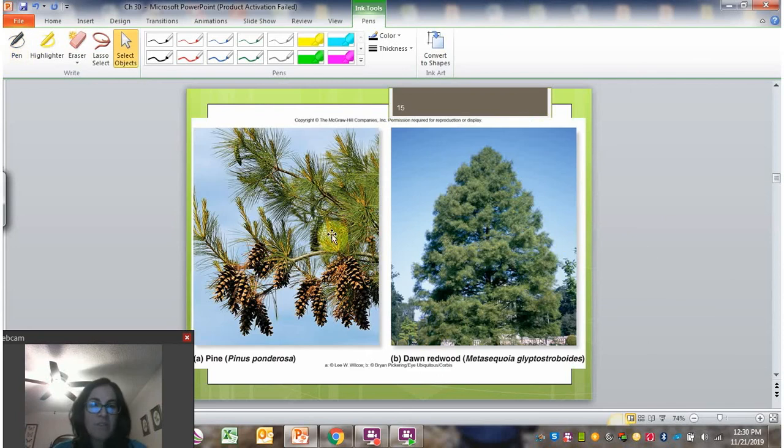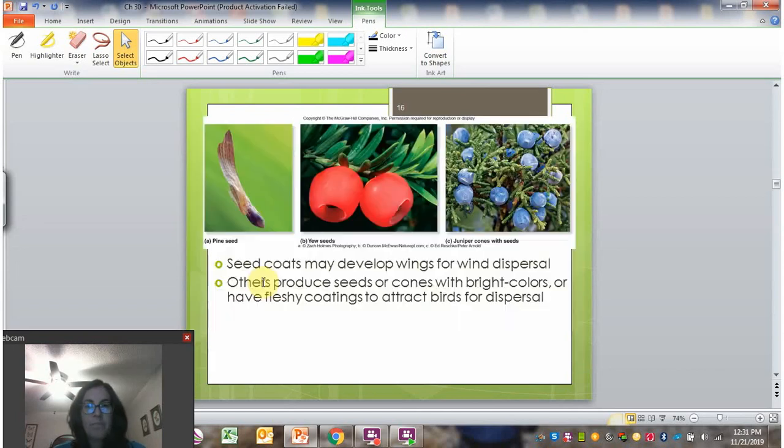Here are some pictures. This is a ponderosa pine. As I mentioned, this is one that's native to Colorado. A dawn redwood or sequoia, which is a Pacific Coast tree. And here are some lovely ovulate cones. Again, these are the female cones, these big prominent ones.